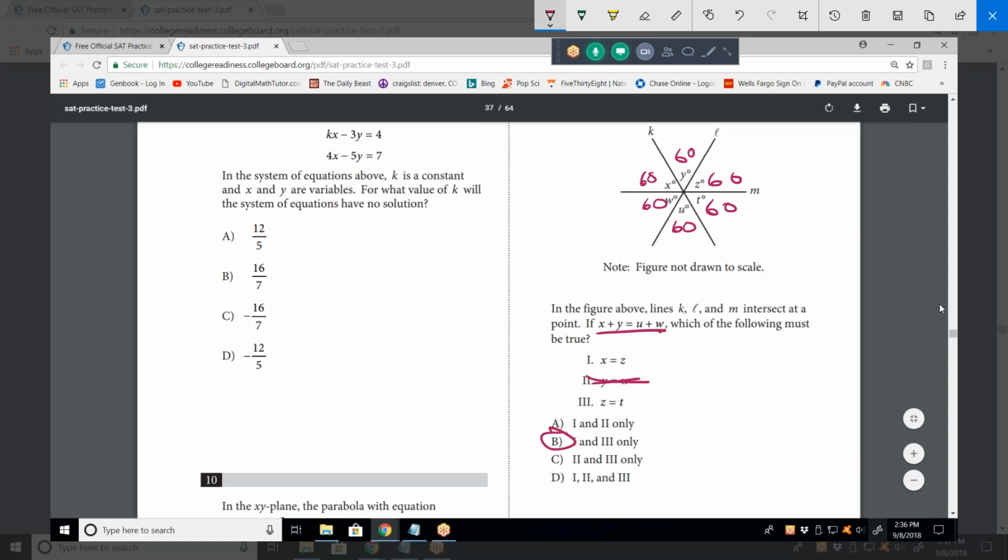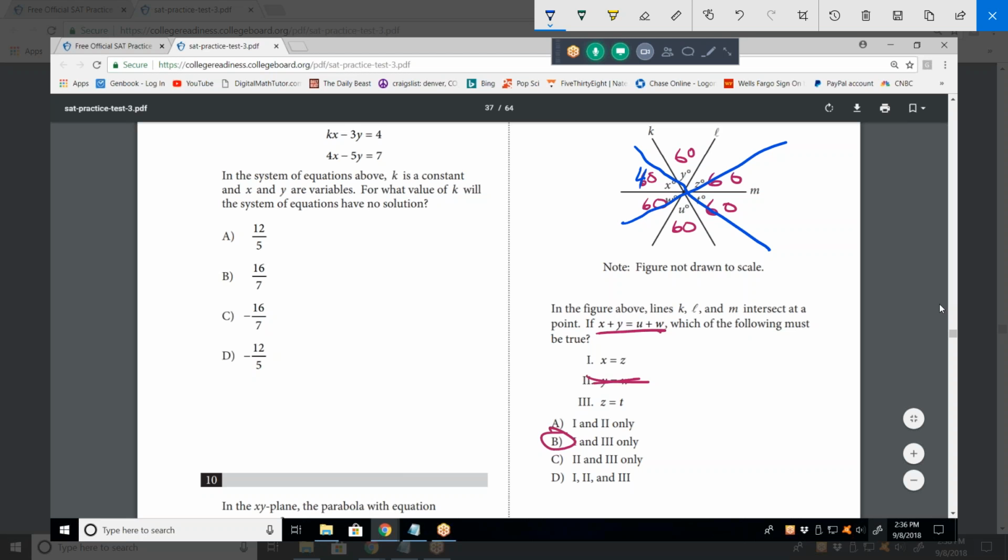Okay. Here's why I think we can do that. Let me try to do it real quickly. If I take line K and I tilt it just a few degrees like that, and I take line L and I tilt it just a few degrees like that instead of where it's at, well now, let's change these measurements.